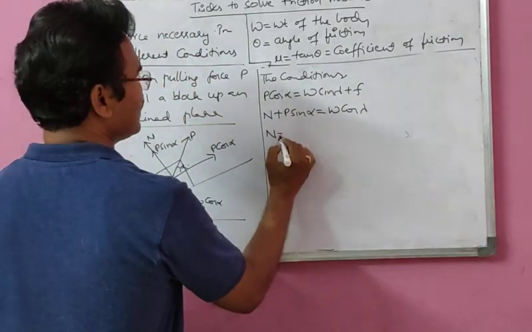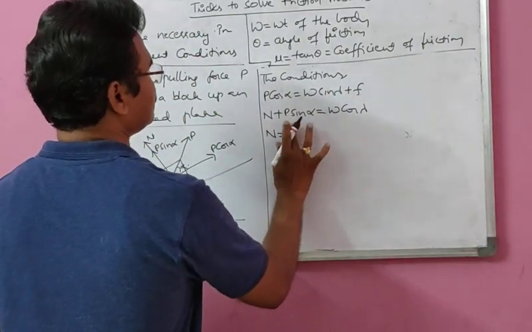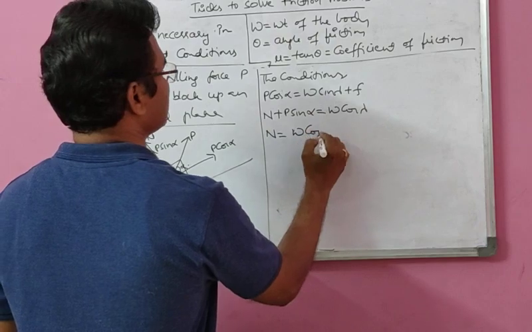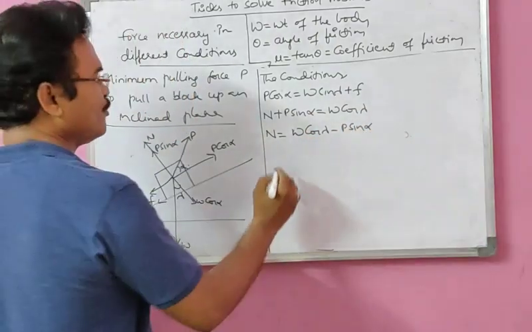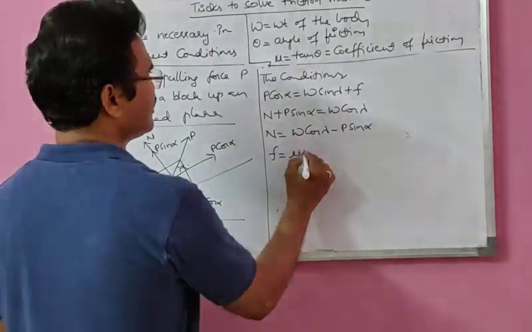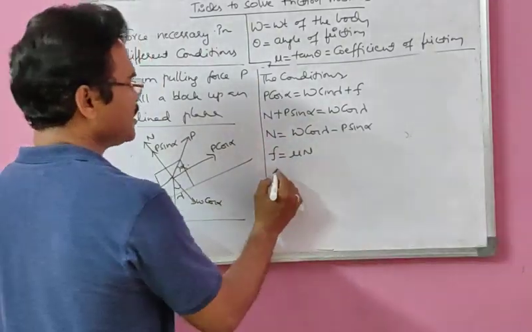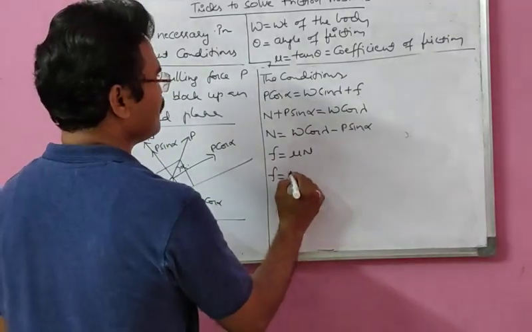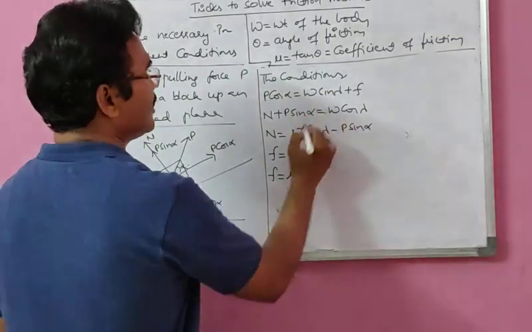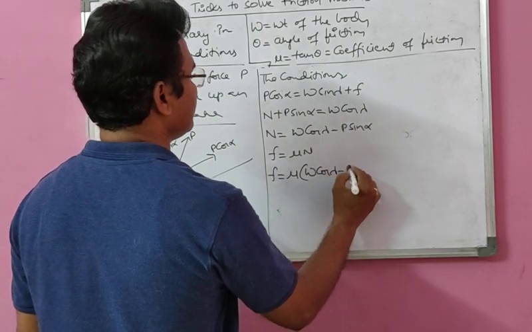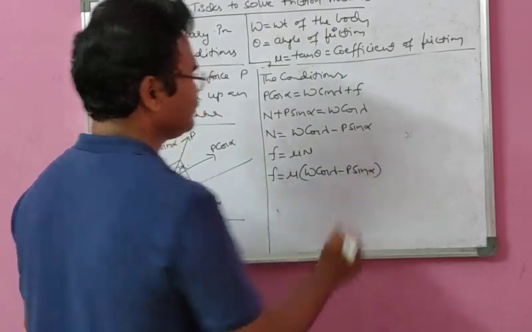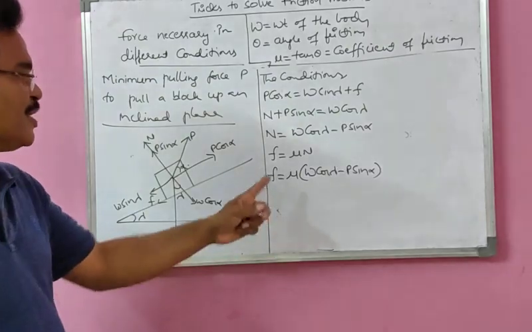So N equal to W cos lambda minus P sin alpha. And you know, F equal to mu N, means F equal to mu of W cos lambda minus P sin alpha. So this is the value of F here.